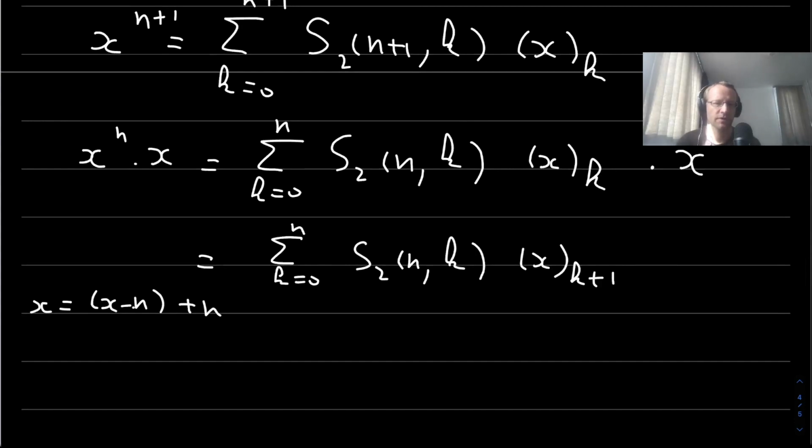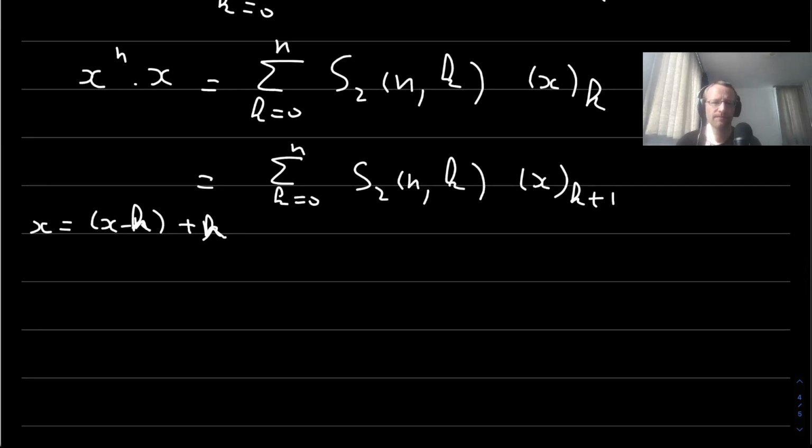Or rather, I should do this in terms of k, of course. So x falling k plus 1. Very good. Plus the sum over k from 0 to n of k times S2(n,k).